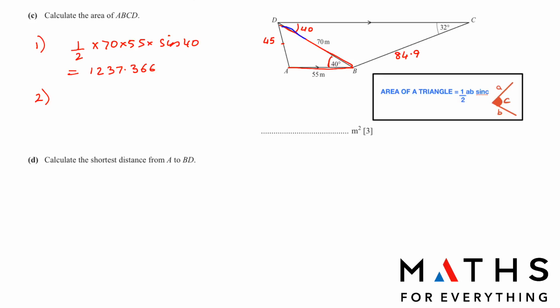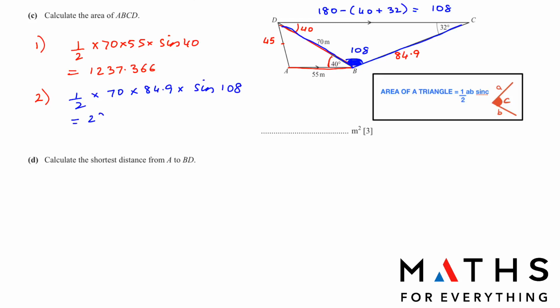Now for the second one, we have the two sides. This is one side and this is the second side. So we need to find this angle. And as two angles are given to us, the third angle will be 180 minus 40 plus 32. This will give us 108. So now we will use half into side, which is 70 into 84.9 multiplied by sine 108.